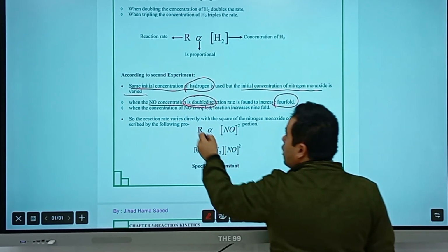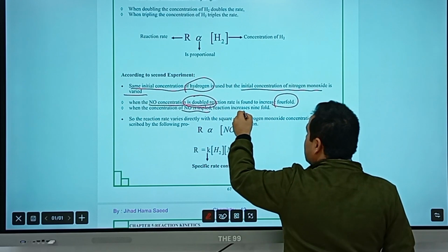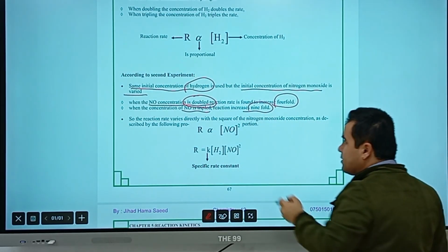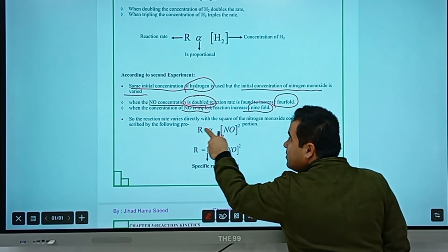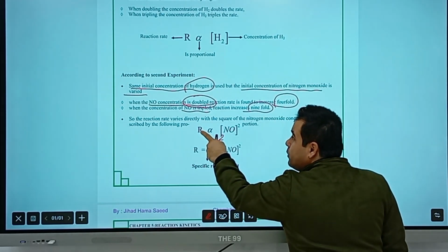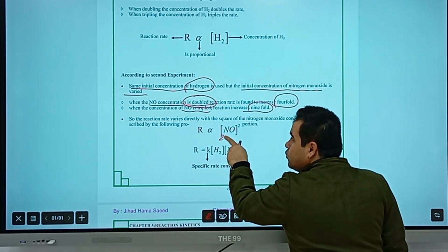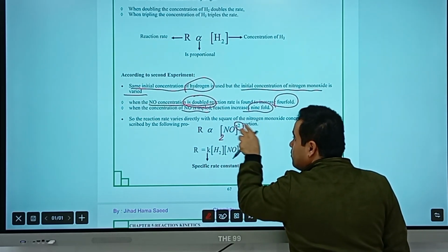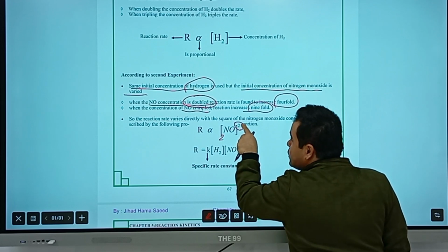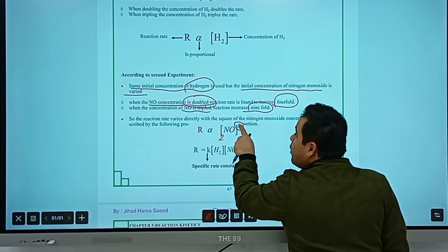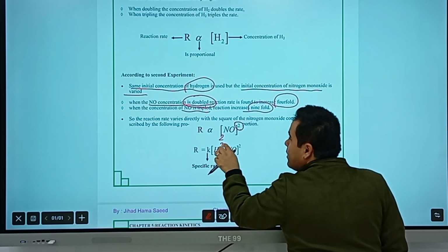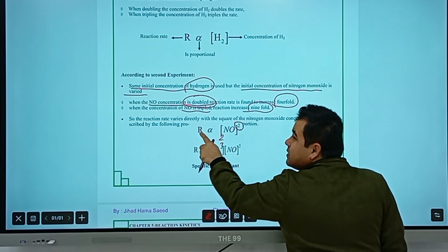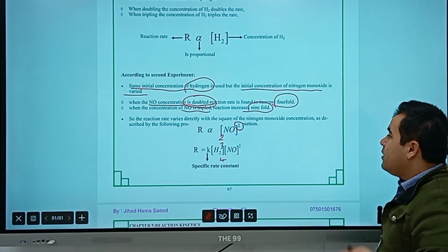When it's tripled, the rate changes to ninefold. So how to represent this? Doubling this makes the rate quadruple. So 2 must be to the power of 2. The order, we will be talking about the order, is 2 here. So 2 to the power of 2 will be 4. 3 squared, 9-fold. 4 squared, 16-fold, and so on.